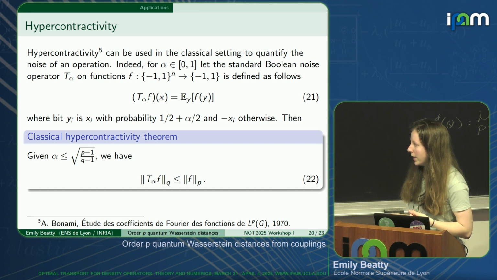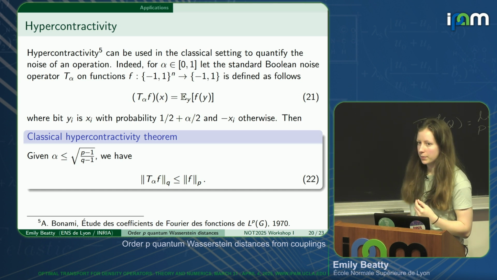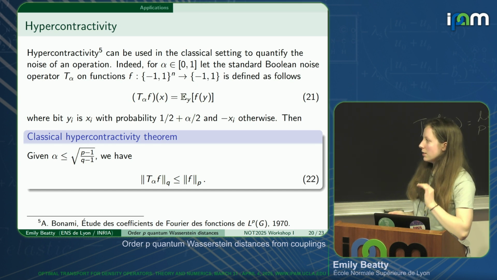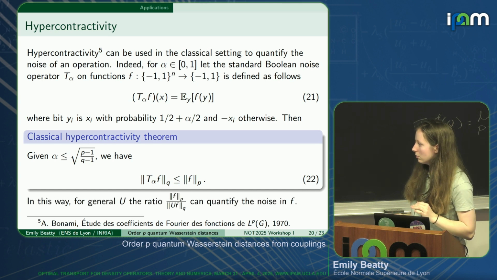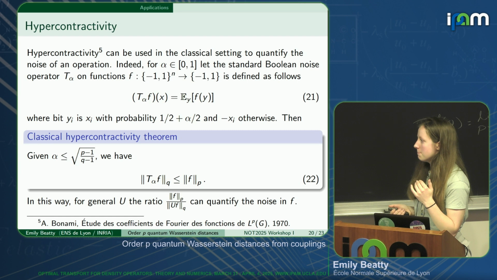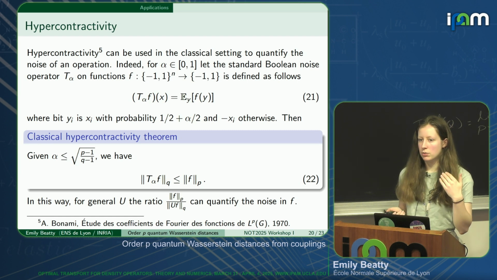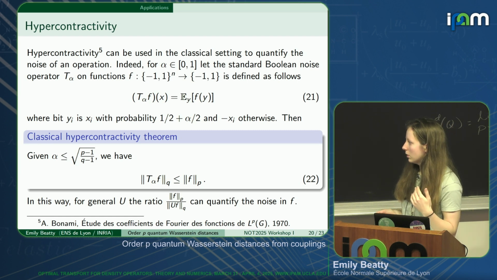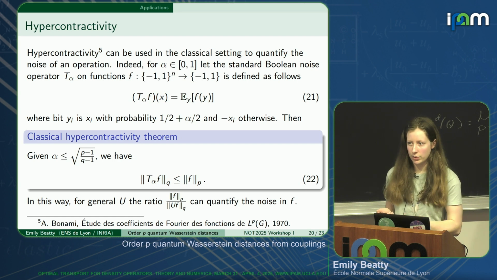If you didn't have TA here, this inequality would be flipped. But if you put noise in, this inequality flips to the way it is here. And so this ratio between Schatten norms of different orders with noise on one of the norms allows us to talk about the noise of an operator.